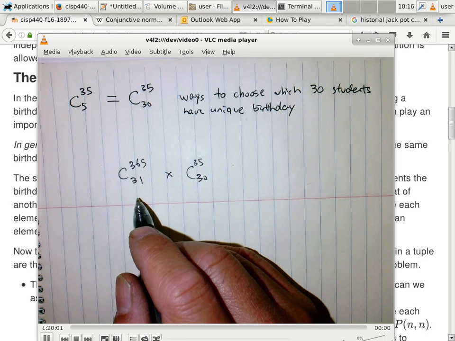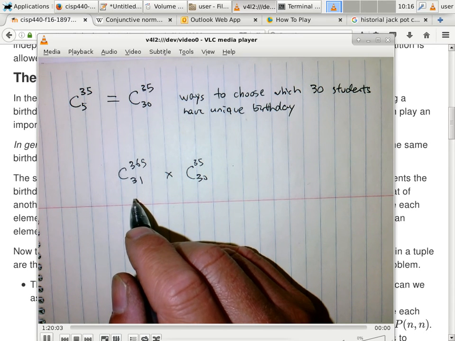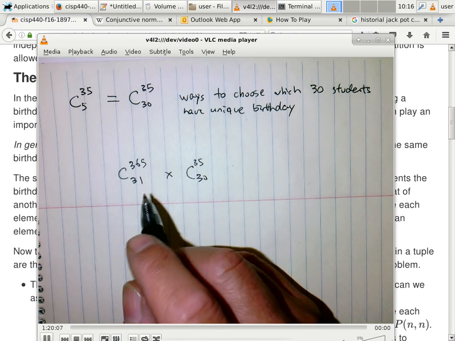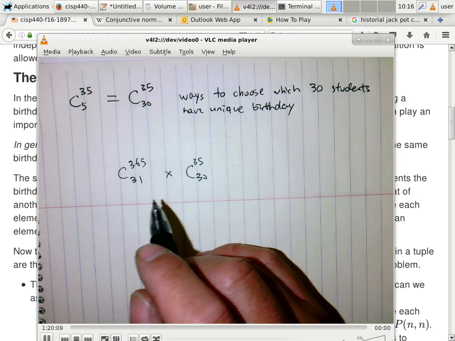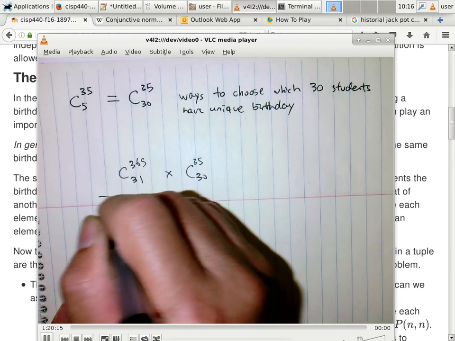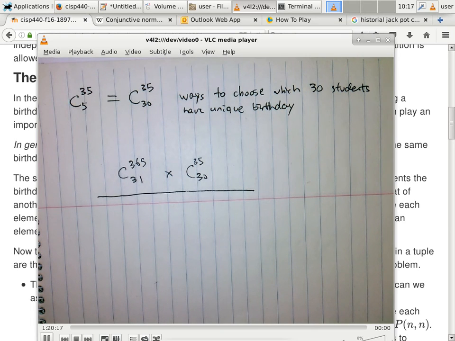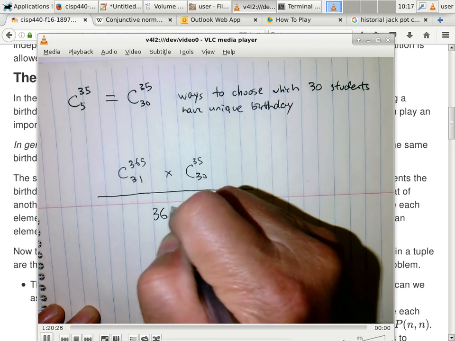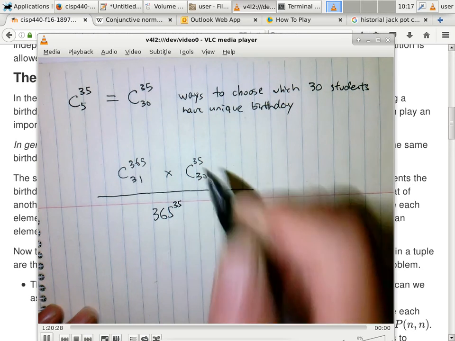And so this will become the number of ways to arrange birthdays in a way that I'm interested in. But that doesn't give me any probabilities. It just gives me a number. But I wanted chances. I want to know what are the chances that this happens in a class of 35 people. So now I have to divide it by the cardinality of omega itself. But omega is 365 to the power of 35 in this case.